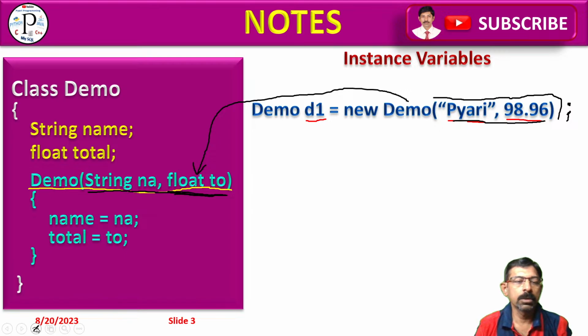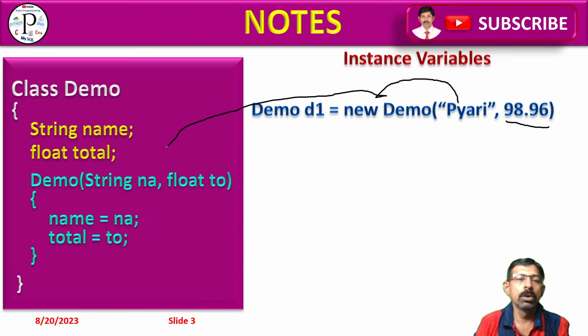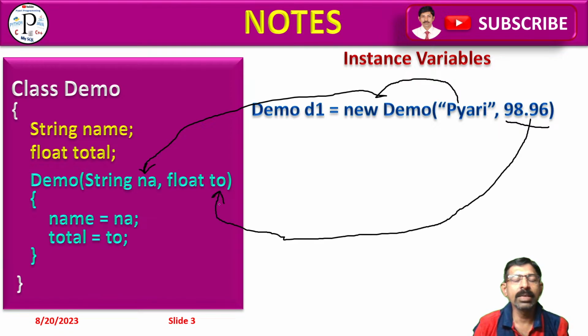Let me clear this. This one is of type double. Now, when I'm assigning, the string will be assigned to name and 98.96 will be assigned to float, where the float size is how much? 4. What is the size of double? 8.